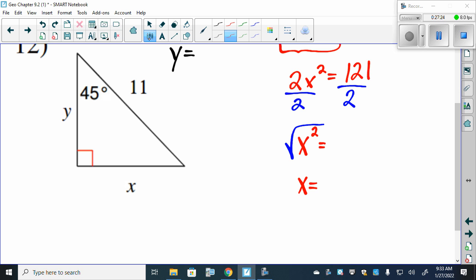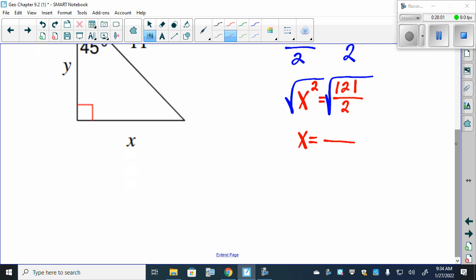Now, did 121 divide by 2 evenly? No. I want to leave it as 121 over 2 and take the square root of it. And let's see if it'll do it. 7.77. Okay. Same thing.